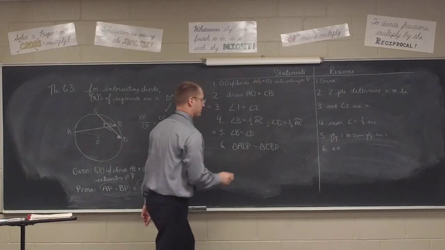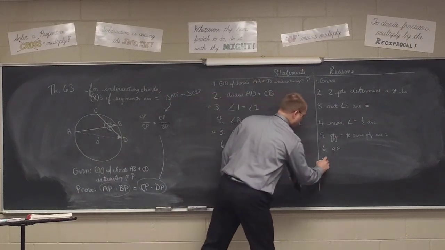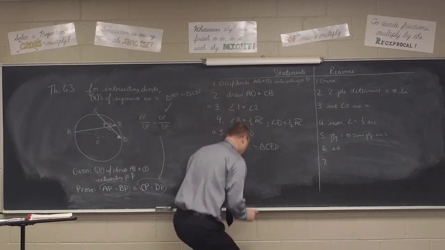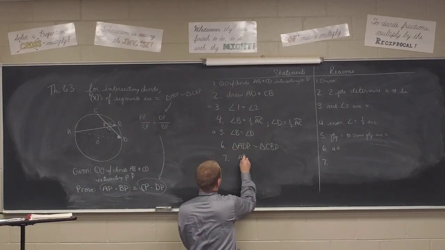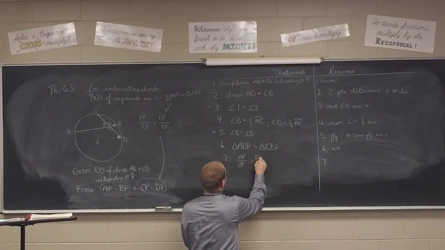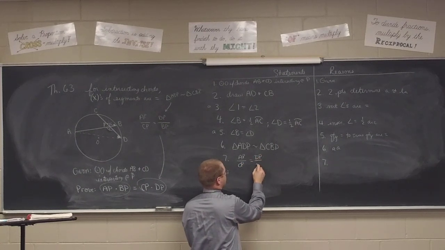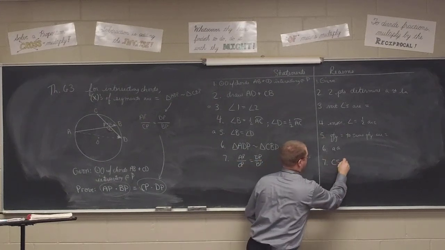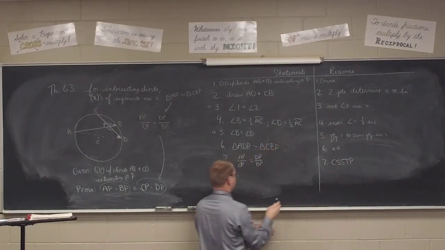and once we have the triangles similar, AC is to CP as DP is to BP by CSSTP, corresponding sides of similar triangles are proportional.